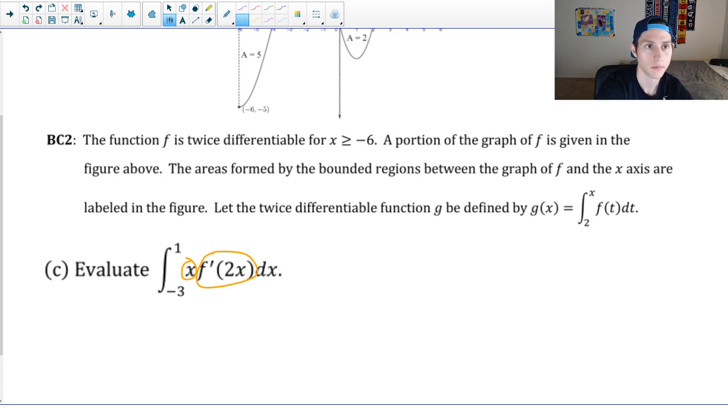Okay, now I lost my other sheet that I had. What the heck?